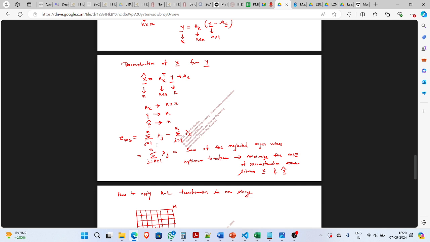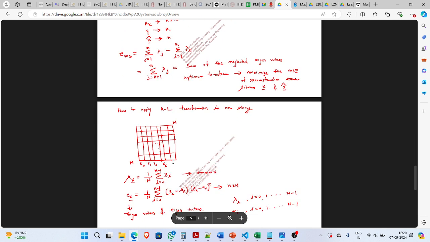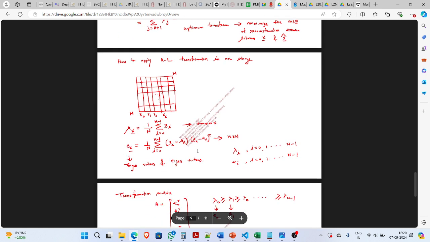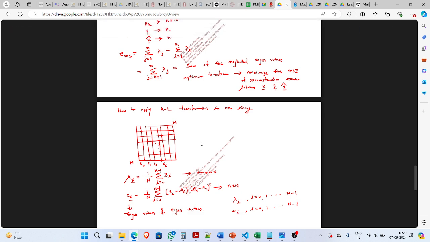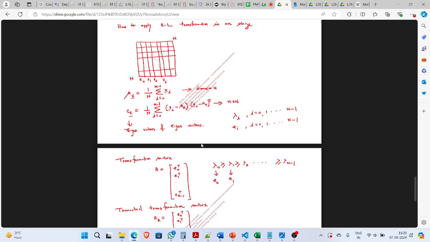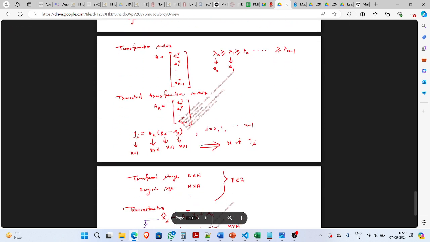We minimize it such that we get to an optimal value. So this is it.